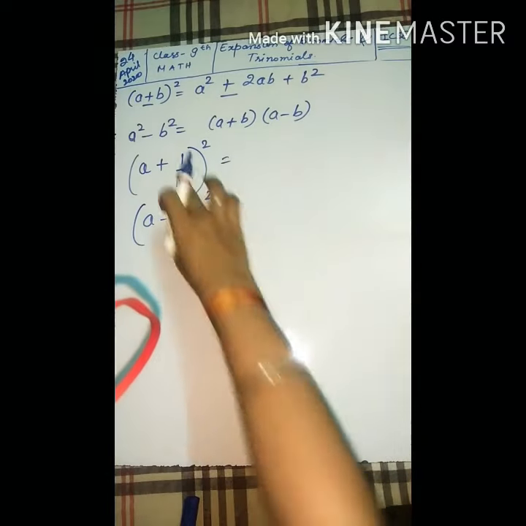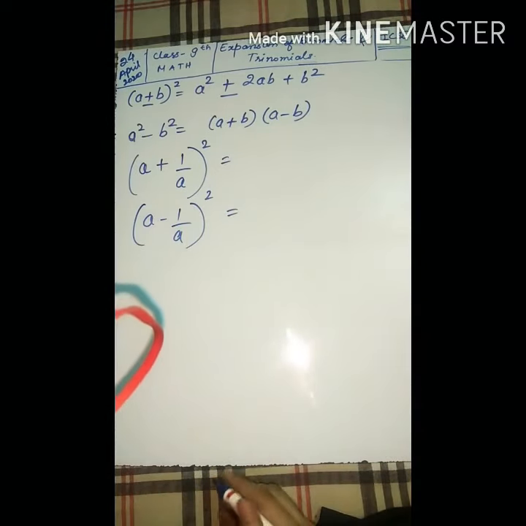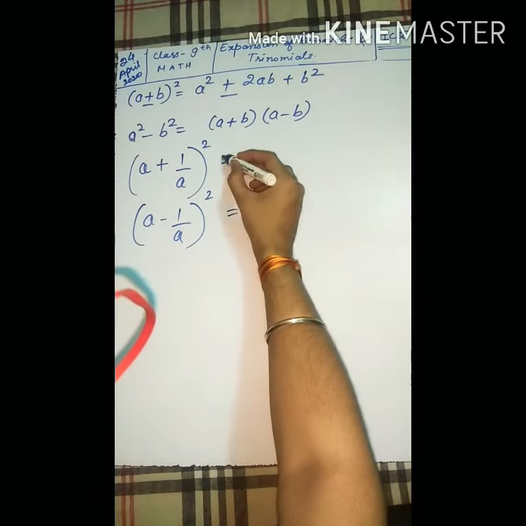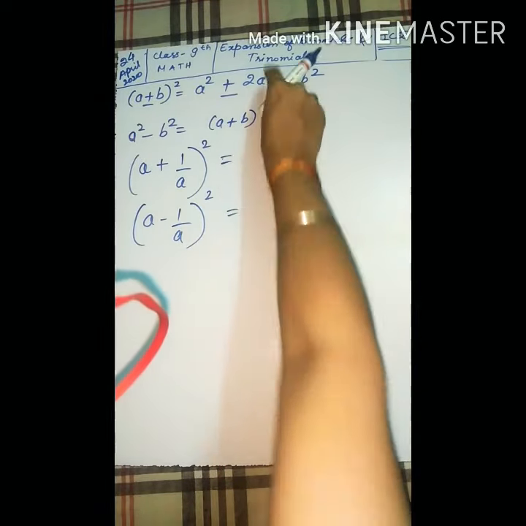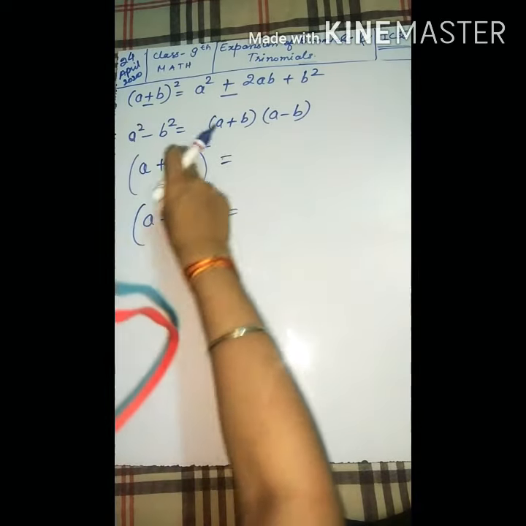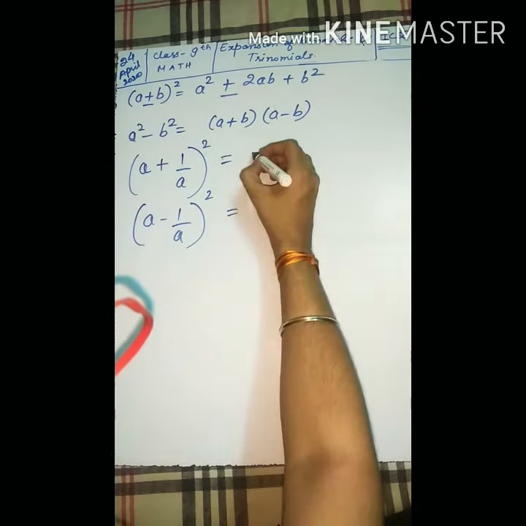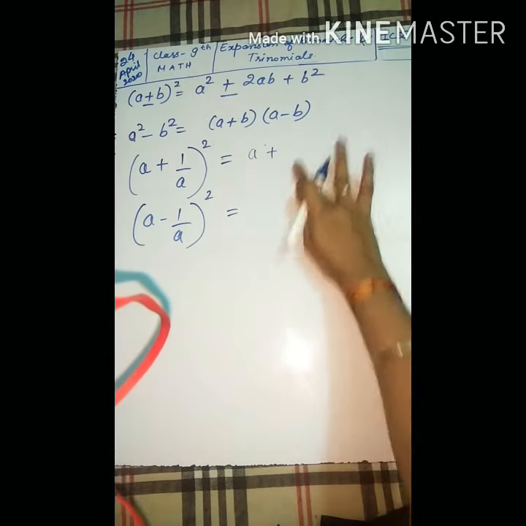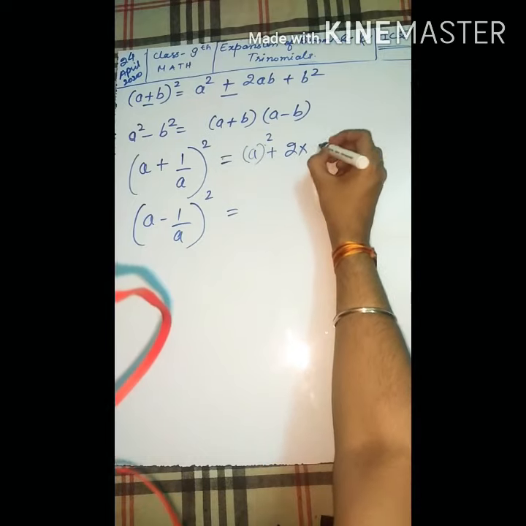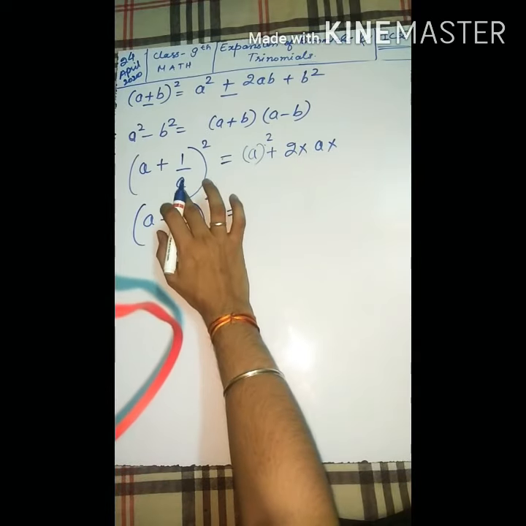Then let us come to the next identity, where you have a in place of a and in place of b you have 1 upon a. So it will be what? According to the identity, a square plus 2a into, what is b in place of b?